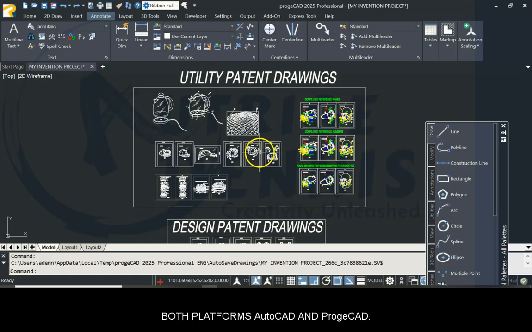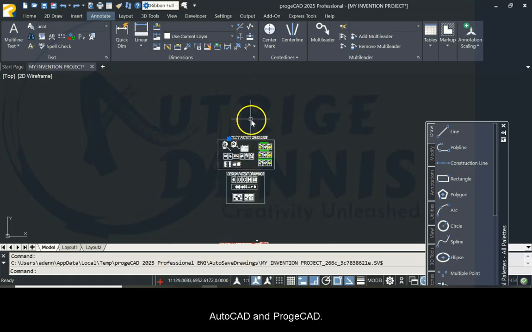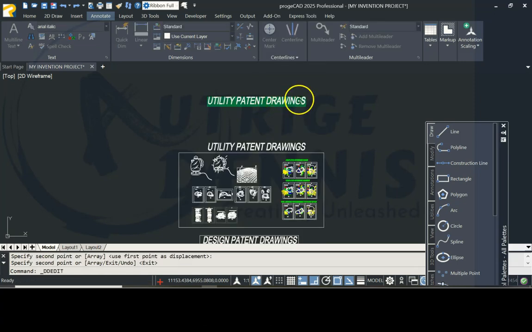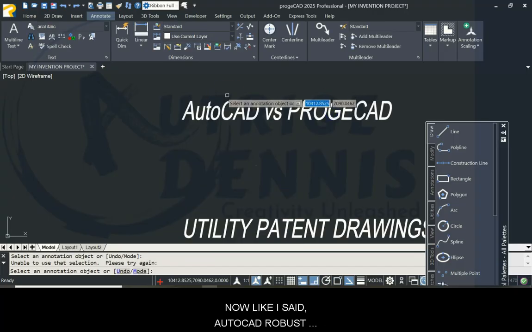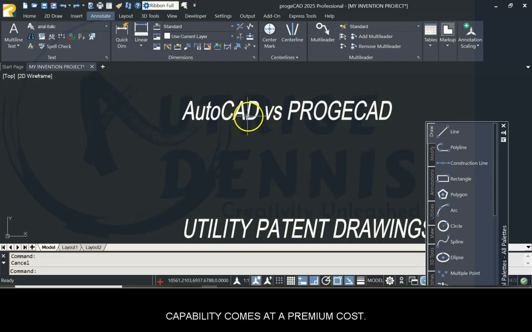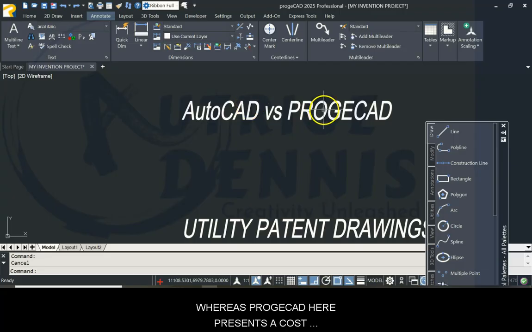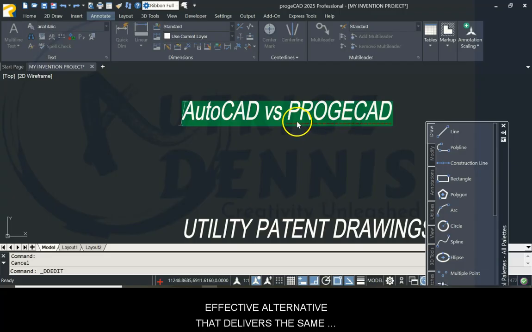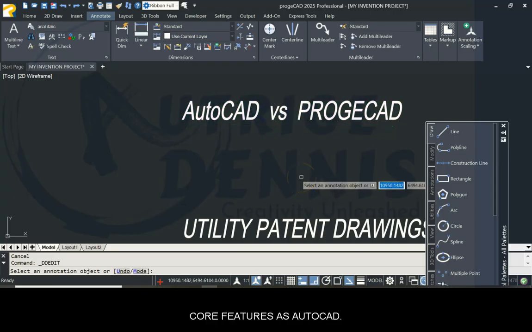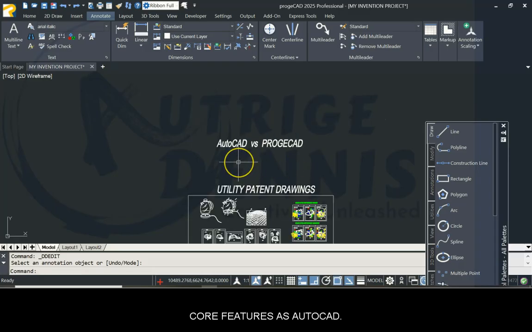Both platforms, AutoCAD and ProgeCAD, you know what, let me type them. AutoCAD and ProgeCAD. Now we're doing this in ProgeCAD. AutoCAD versus ProgeCAD. Like I said, AutoCAD's robust capability comes at a premium cost, whereas ProgeCAD presents a cost-effective alternative that delivers the same core features as AutoCAD.